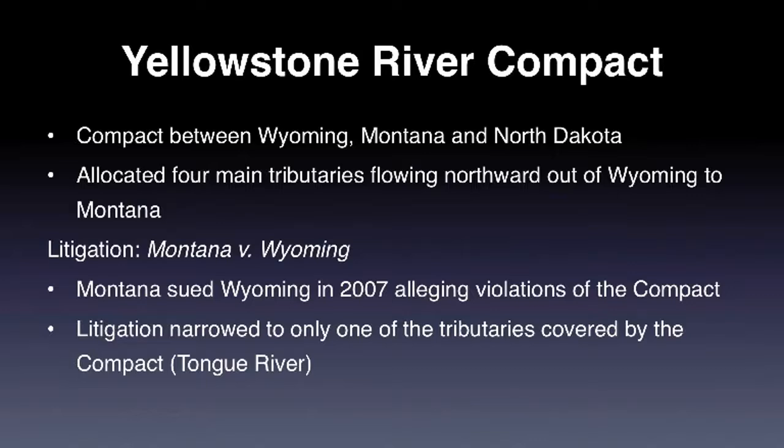Since it's 2 states suing each other, then the U.S. Supreme Court is the court of original jurisdiction. As I mentioned, the Yellowstone Compact covers 4 main tributaries, but the Montana litigation eventually wound up just covering one of those, the Tongue River. The U.S. Supreme Court, in these types of very detailed and very difficult court cases, will generally name a special master.